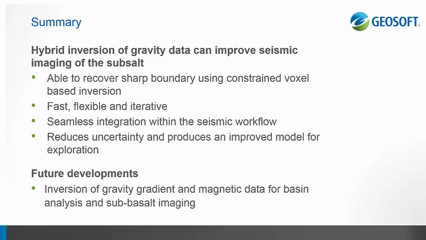And the last question: how do you account for the nil zone in salt modeling? The nil zone is also known as the area where there is zero density contrast.